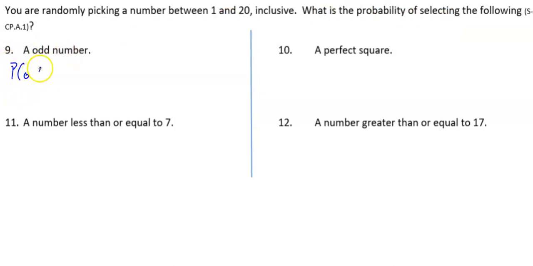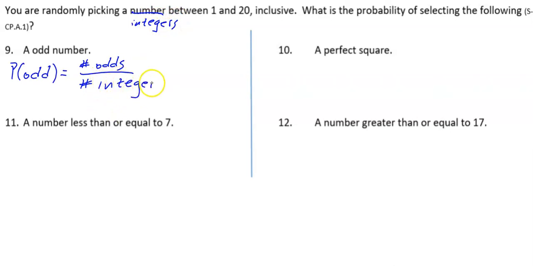So we want the probability of an odd. That is going to be the number of odds over the number of... let's not call this a number. Let's call these integers because we only want the whole numbers. Change that numbers to integers, over the number of integers.